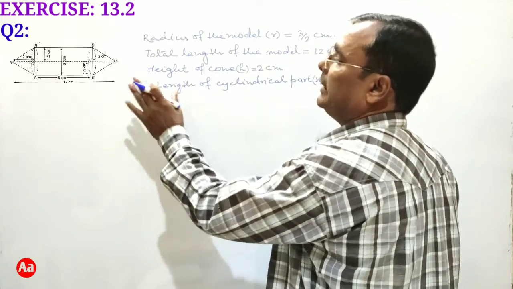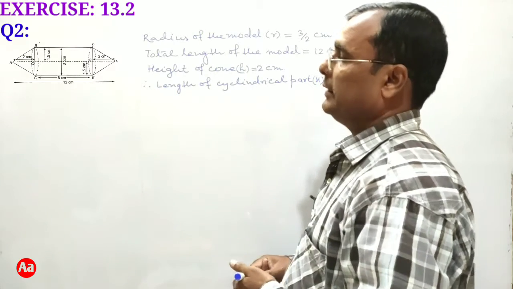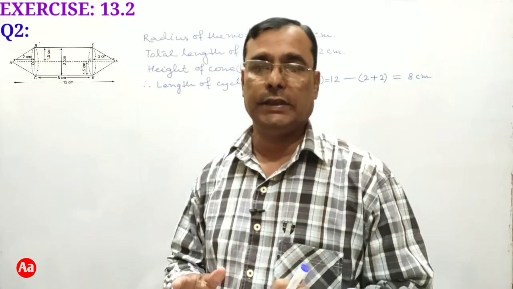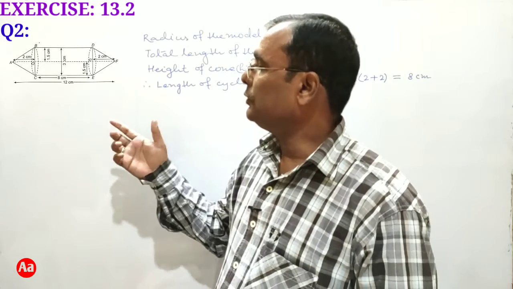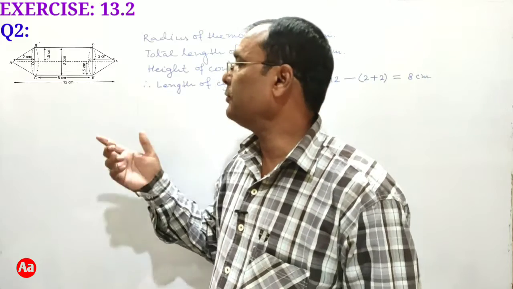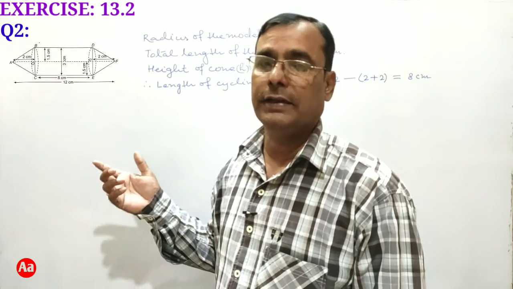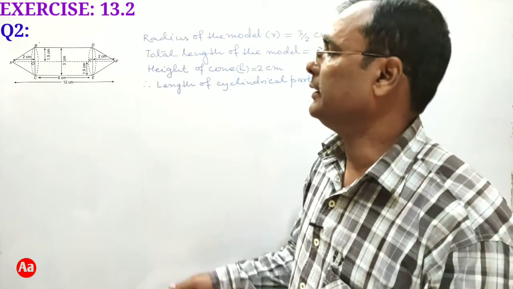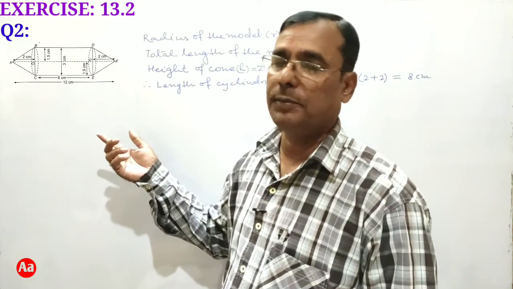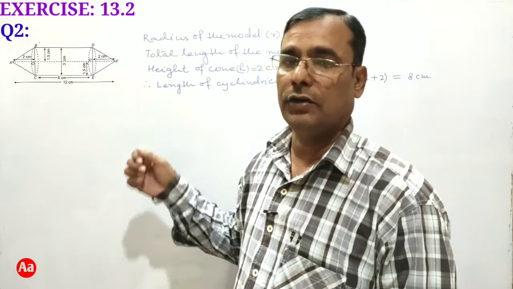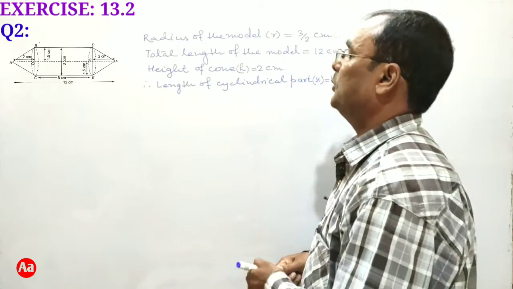So volume of air inside the model is going to be equal to volume of two conical ends plus volume of the middle cylindrical part of the model, that is, conical part at one end plus middle cylindrical part plus again another conical part of the model.